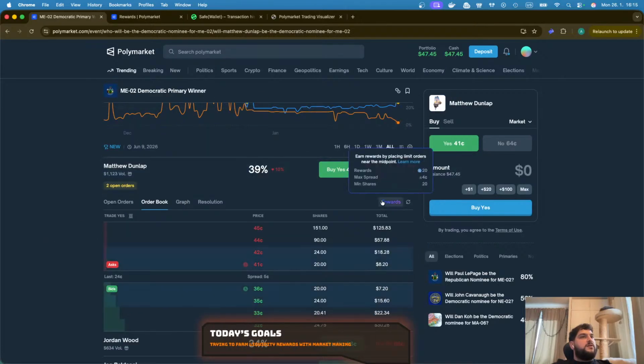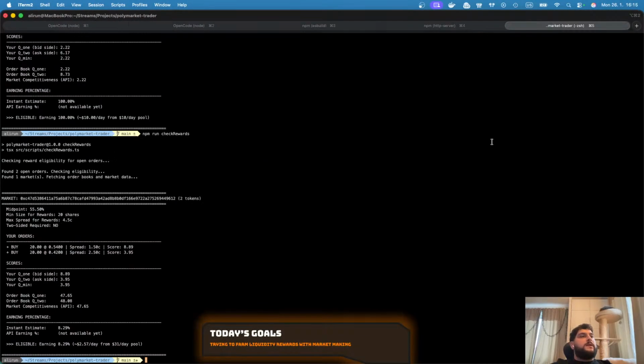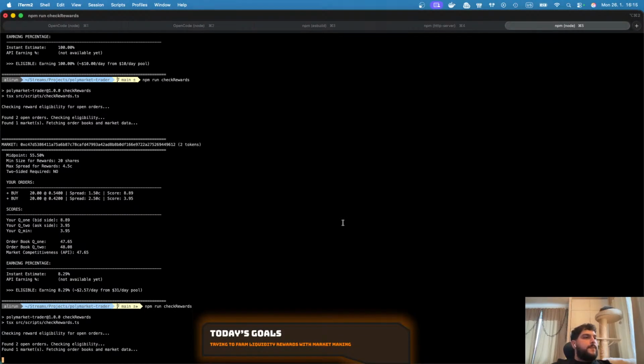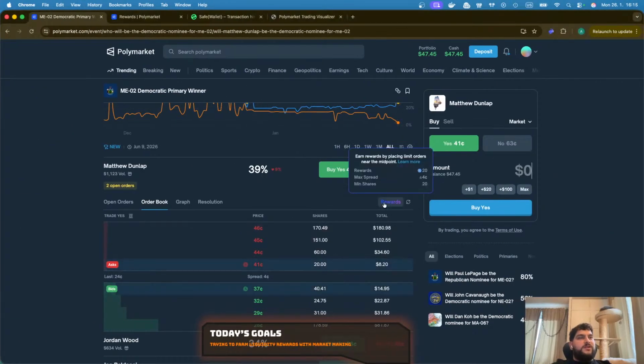And we are getting more money here. Yes, we are the only ones here, so it's $20. Wow, finally it works. So you can see it finds the better market, which pays more money than we are currently earning. It cancels the orders, throws the orders in the new market, and sits there.